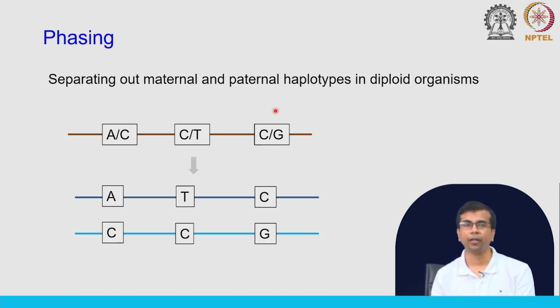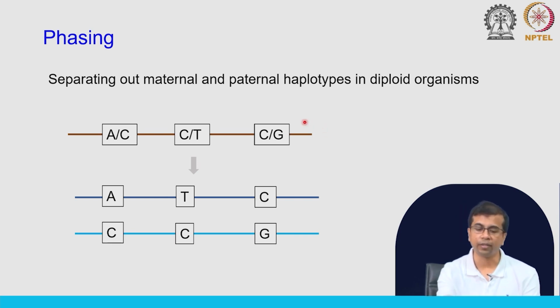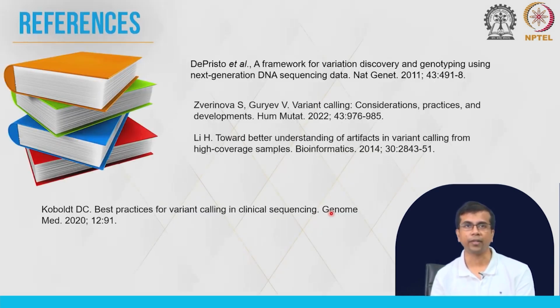This is what you do when you are doing the phasing: you are separating out these combinations. In one combination we have ATC and the other one is CCG. So this process is called phasing.